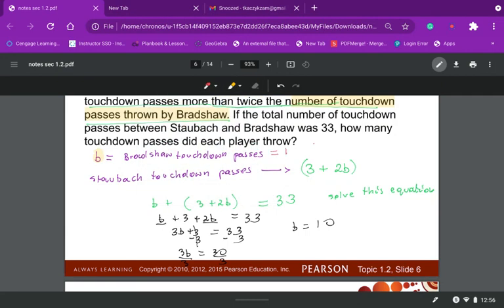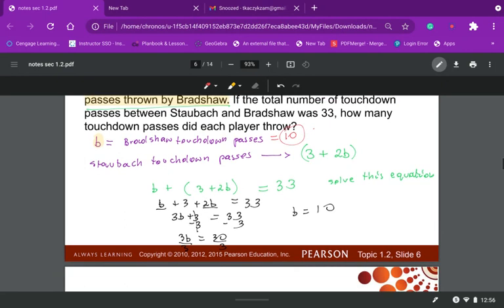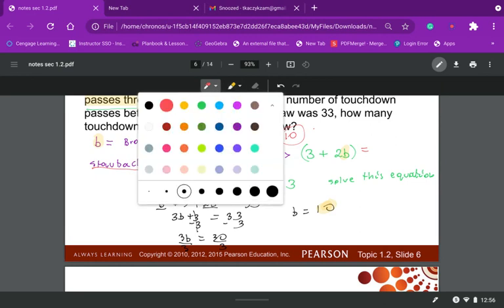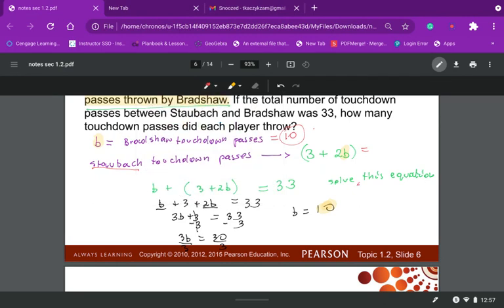Bradshaw had 10 touchdown passes. So now Staubach will have 3 plus 2 times 10. So we're going to replace b right here with 10. Going to plug in 10. Okay, so we have 3 plus 2 times 10.